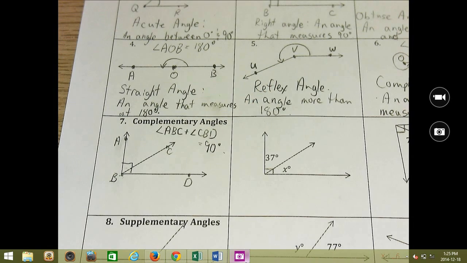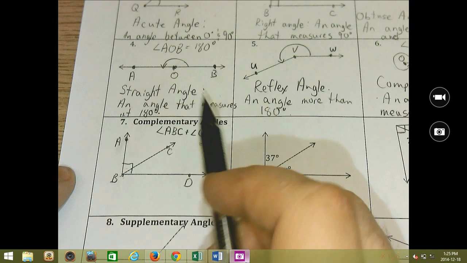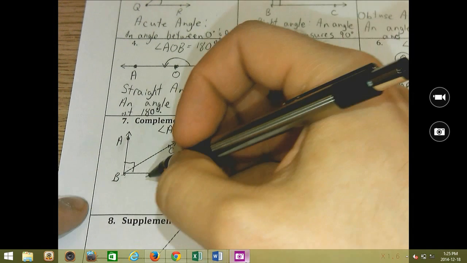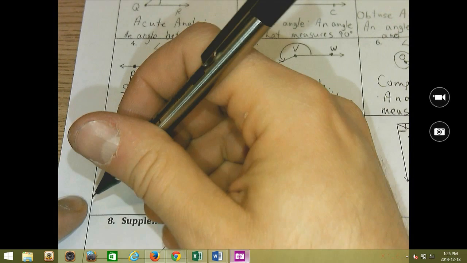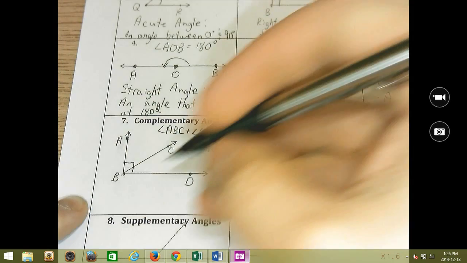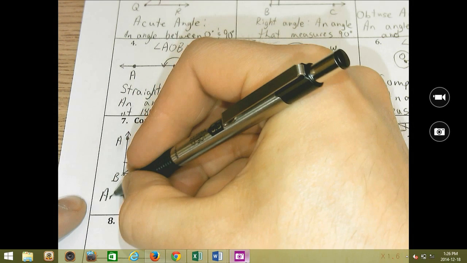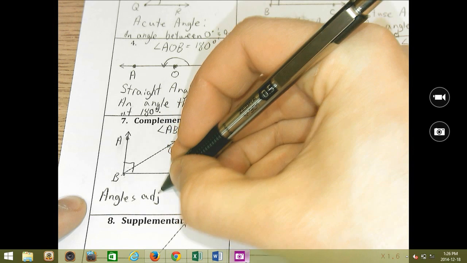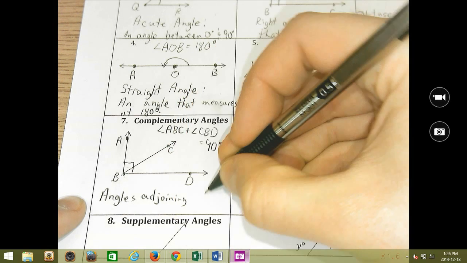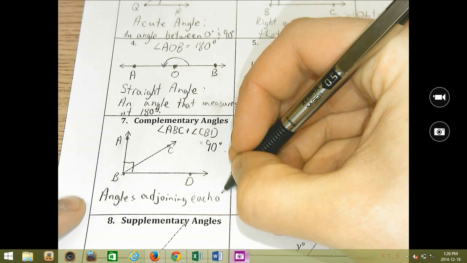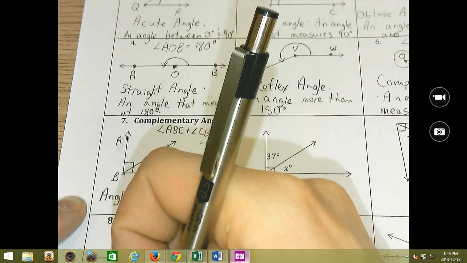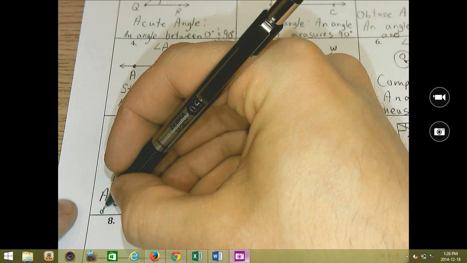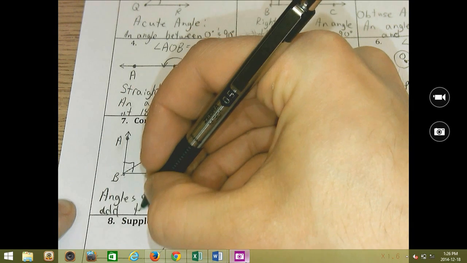And we call these complementary angles. Okay? We say that they're complementary if the angles that are adjoining each other add to 90 degrees.